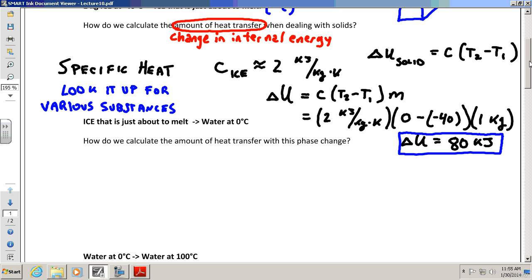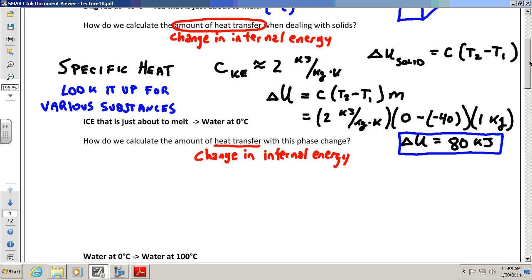Okay. The next part here. Ice that's just about to melt, turning into water. How do we calculate the amount of heat transfer, or, like I said, the change in internal energy? Same thing. Now, this is ice that's just about to melt to water.